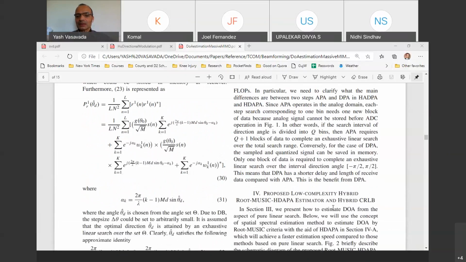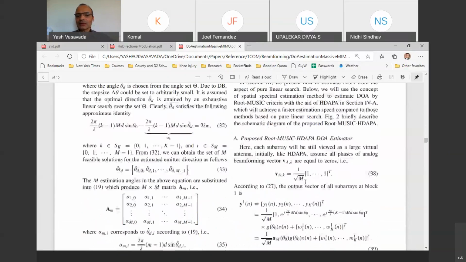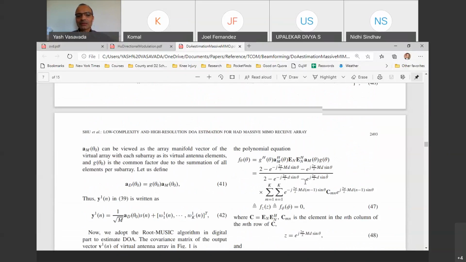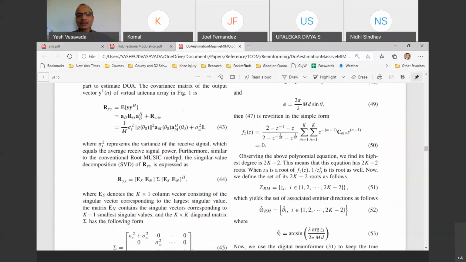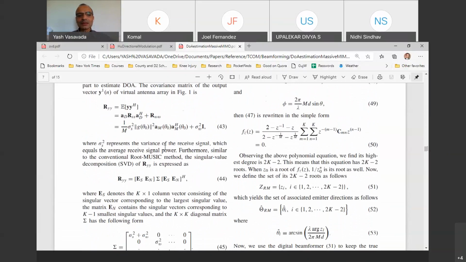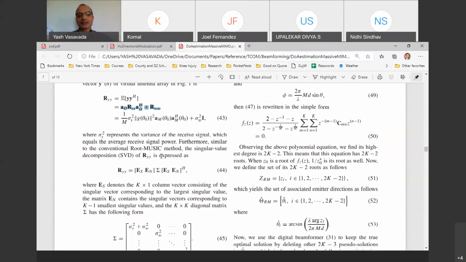In the second part, they took the MUSIC algorithm and they modified the MUSIC algorithm so that it can work with this hybrid arrangement. So that is shown over here. Remember this equation that we have seen for the correlation matrix.